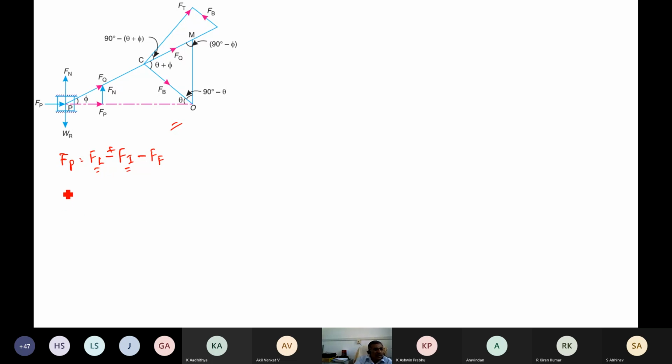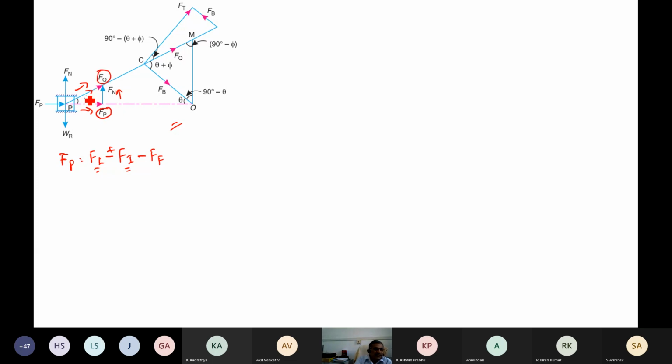Now the Fq you have to calculate. Fq is acting along the direction of the connecting rod. Fn is acting normal. So it forms a triangle. Now Fp is acting horizontal, Fn is acting vertical, and Fq is acting along this direction. We know the value of Fp already, so we can calculate the value of Fq.